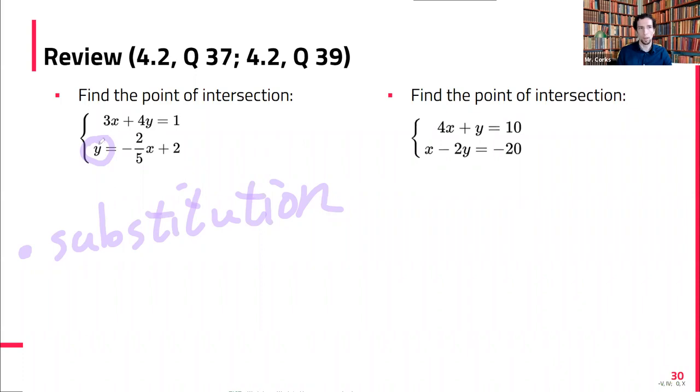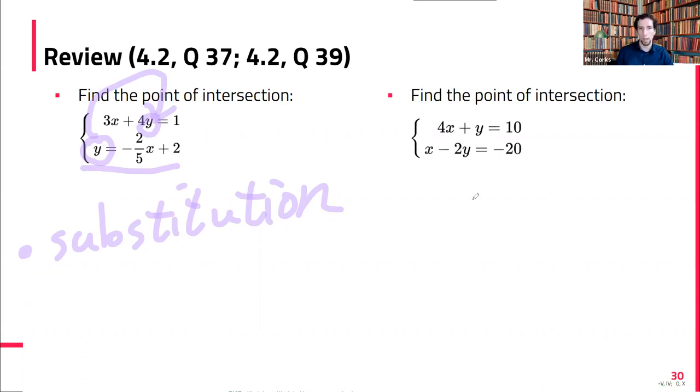So we isolate one variable. In this case, y is already isolated, on one side, and everything else is on the other side. Then we substitute that into the same variable in the other equation, simplify, and solve for one of the variables. We would solve for x in this case.